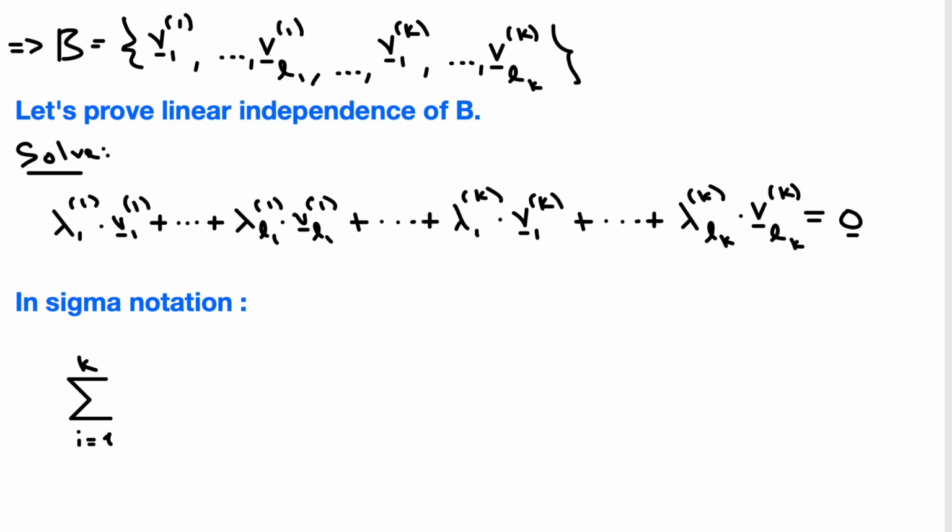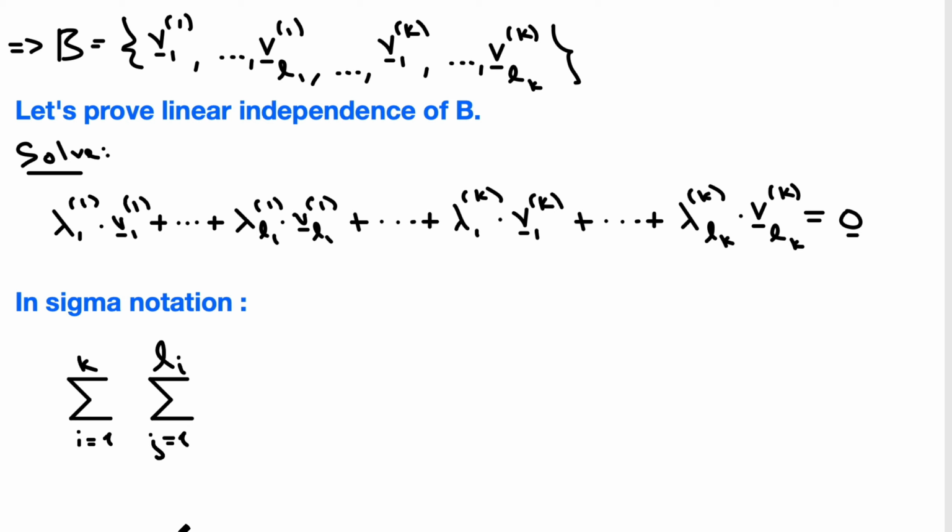So that means we have another sigma. And I want to describe this. So I could use an index j that goes from 1 up till where? Up till L1 or L2 or LK. So up to Li, and it's really worth thinking about this.